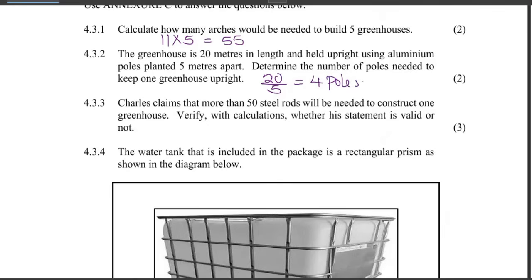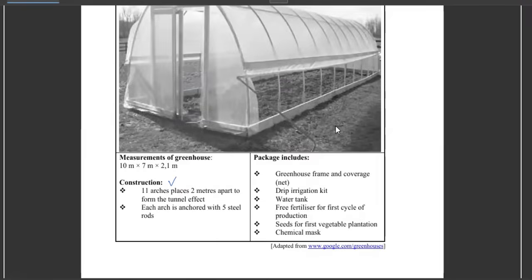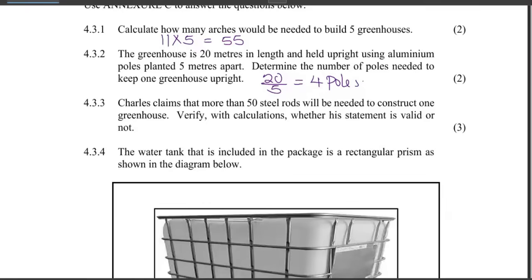Okay. Charles claims that more than 50 steel rods will be needed to construct one greenhouse. Verify showing all calculations, whether the statement is valid or invalid. We go back to the statement here. They are telling us each arch has 5. So then if they are 11, you understand?